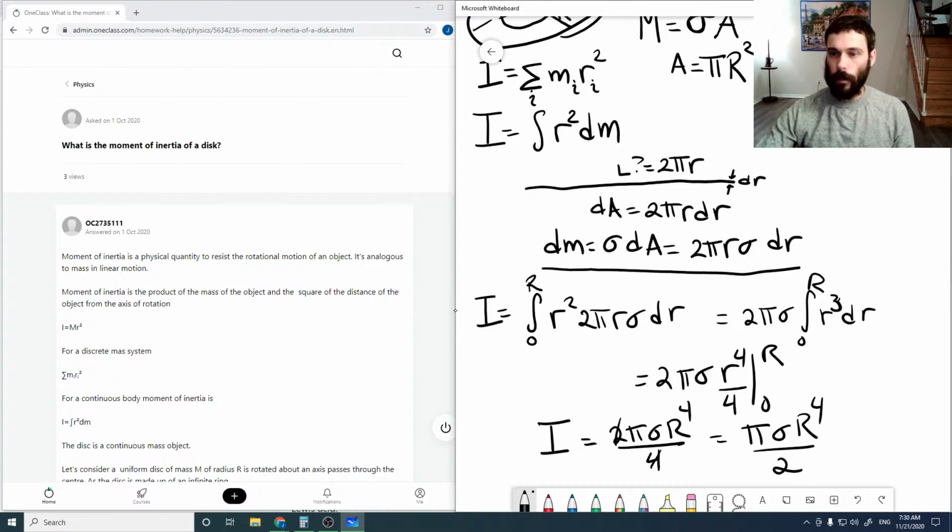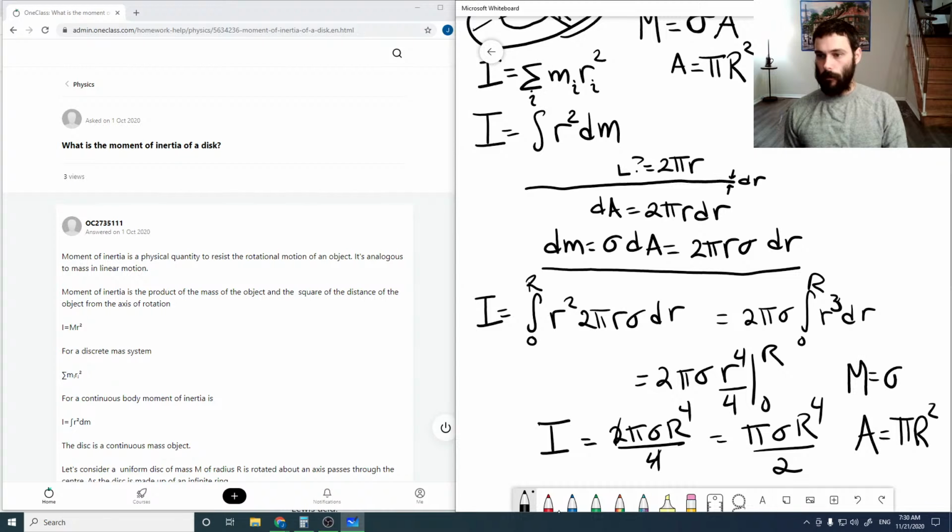Now we can clean this up a little bit because from before we have that our area is pi r squared and our mass is sigma times our area. And we can see here that pi r squared is in here, leaving an r squared, and we still have that sigma lying around.